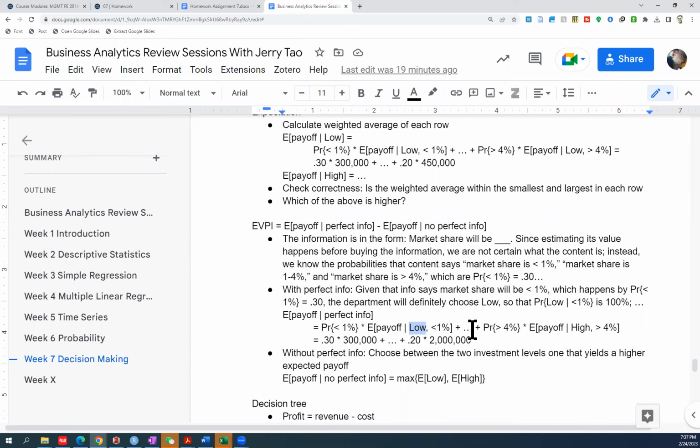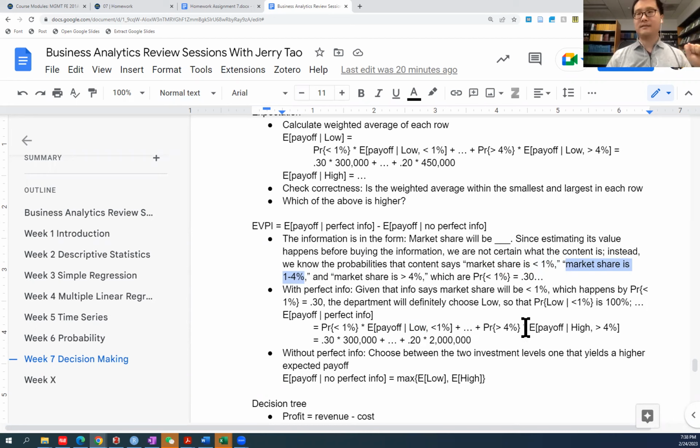Do the same for the medium market share scenario. If this extra piece of information tells us that market share is 1 to 4%, we would also choose low, because in that scenario, low investment also gives us a higher payoff than high investment.